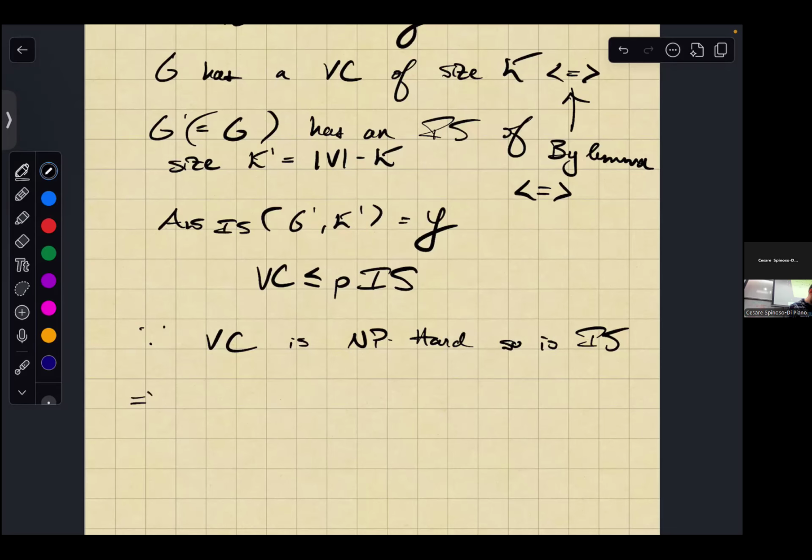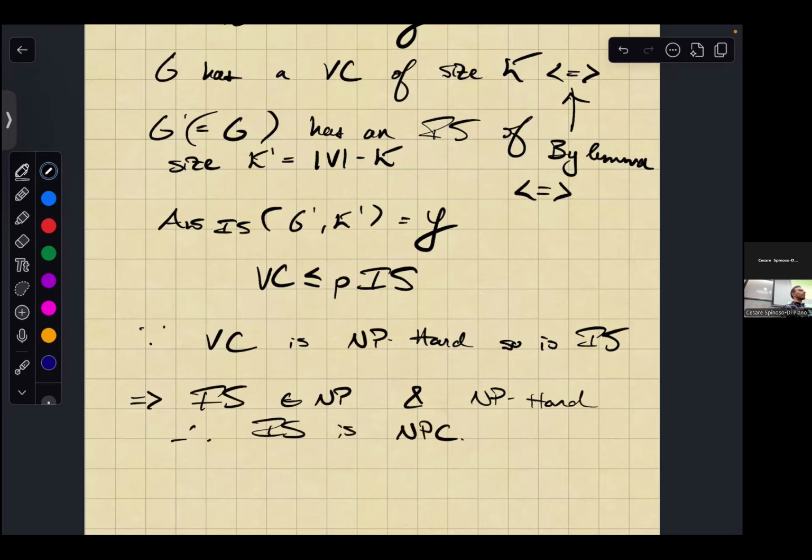And this implies that the independent set problem is in NP and NP hard. And so therefore, independent set is NP complete. Nice. Okay.